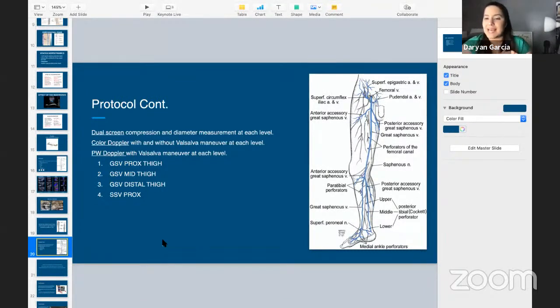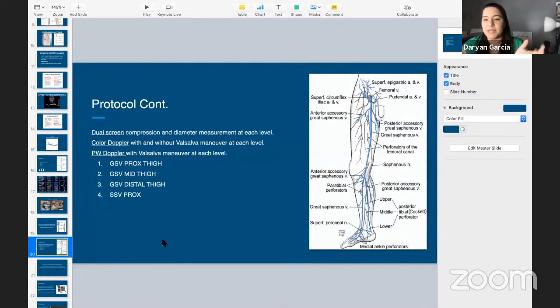So besides the usual compression, color Doppler, pulse wave Doppler, you also want to measure the diameter of the vessel and see how thick that GSV is. So for insurance purposes, they're going to look at how big the vessel is and how bad the insufficiency is.